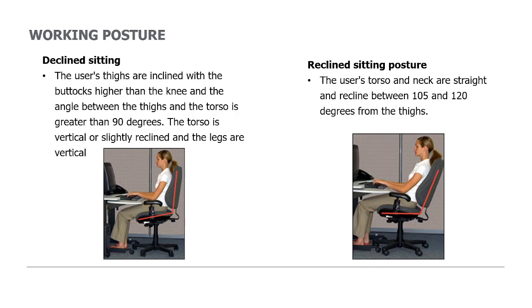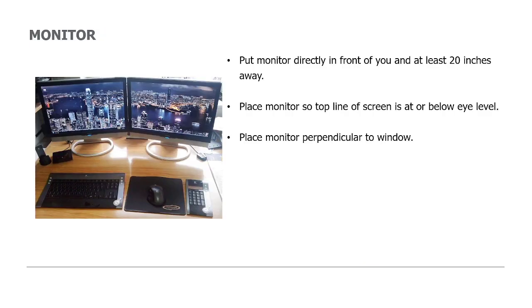That's what they call a declining position. A reclining position is a little bit different. If you notice, once again, the knees still go downhill just a little bit. But the biggest change with the reclining position is the back of the chair is between 105 and 120 degrees as far as the tilt back of the chair itself. That's going to be some of the biggest changes that you're going to notice between those two.